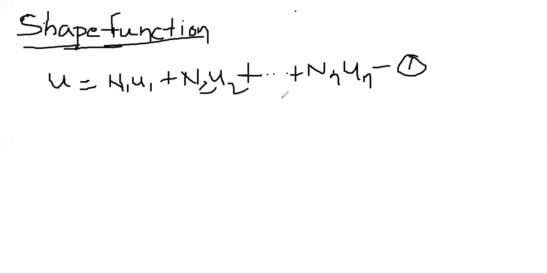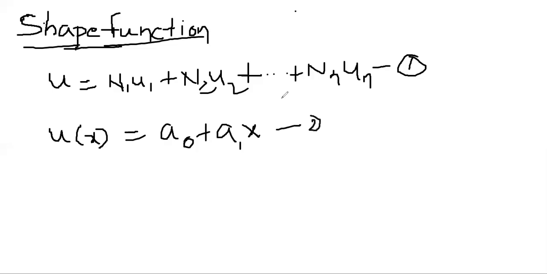These polynomial equations may be chosen whether it is one-dimensional, two-dimensional, or three-dimensional. For the one-dimensional case, we may simply write it as u of x equals a naught plus a1x.